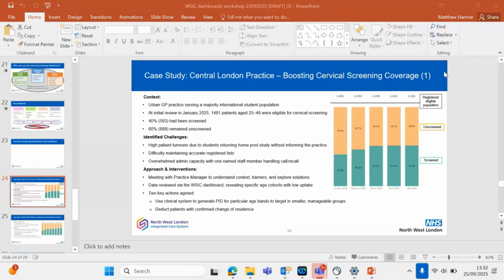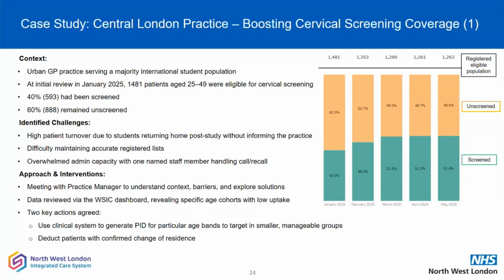Right. Fabulous, thank you. I just want to give an example of a specific piece of work that we did with a practice in central London. This practice had a majority international student population.